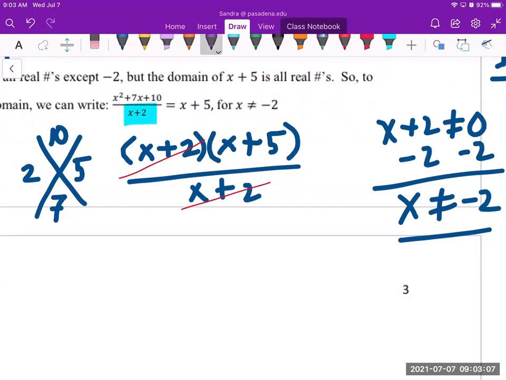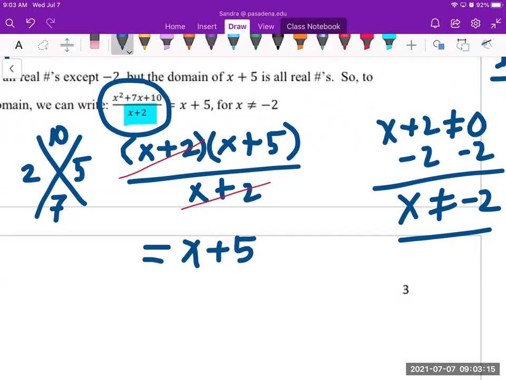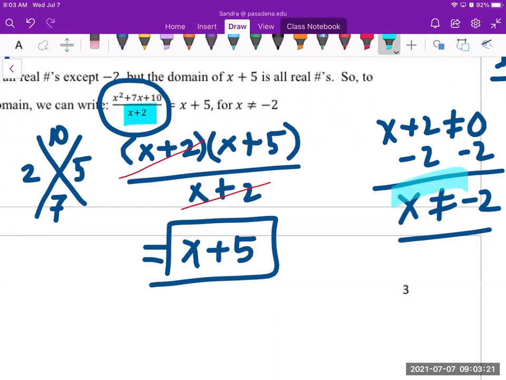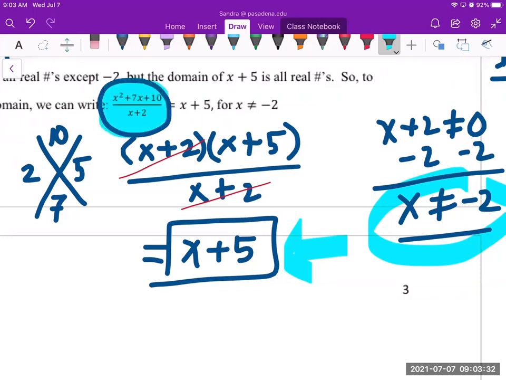And so in a simplified form, we know that this rational expression simplifies to be x plus 5. But you still have to mention that your domain x cannot be equal to negative 2. Even though the negative 2 is not visible here, we're always talking about the original one. The original is this one, so you cannot just ignore that negative 2.